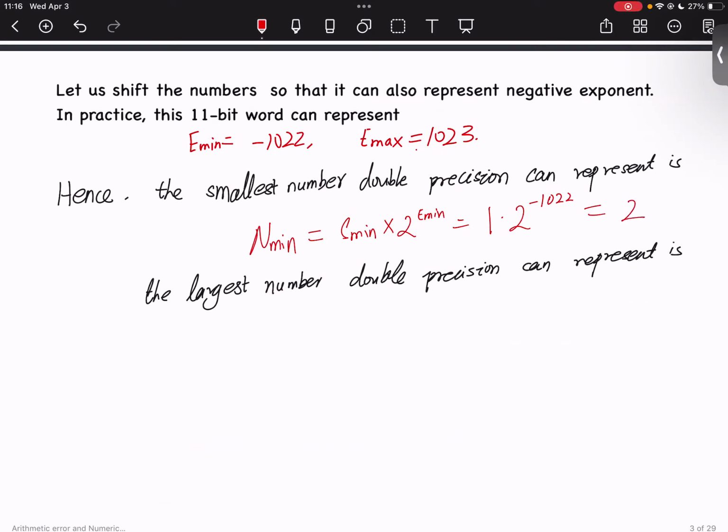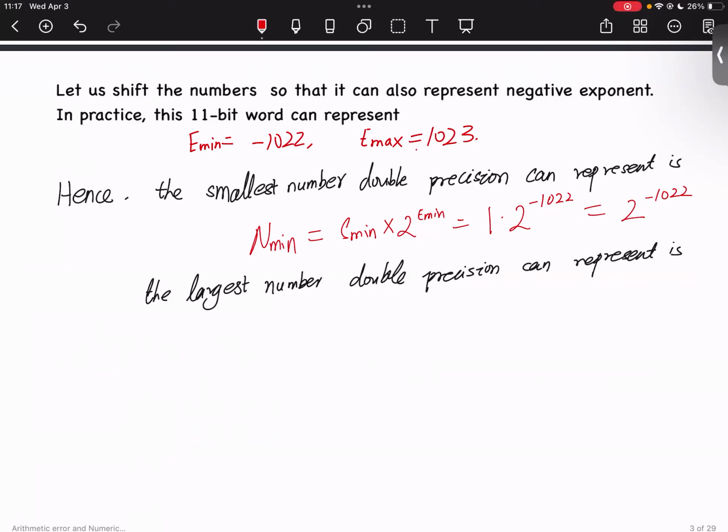So this is the minimum of the absolute value of the number we can represent. For double precisions, it should be 2 to the -1022. So this is just the smallest number. And then what about the largest number?